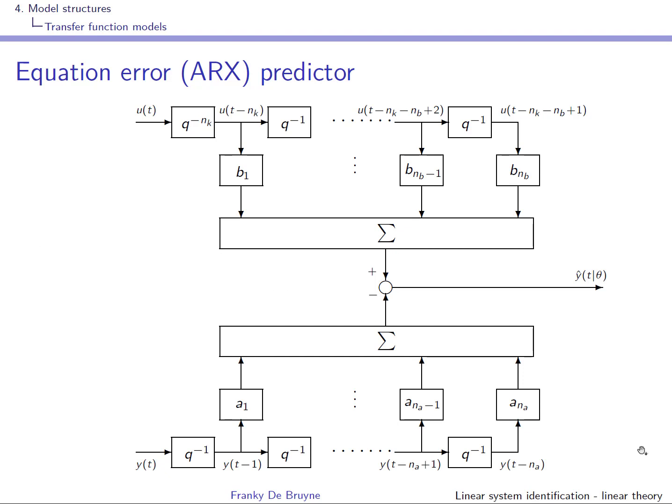So in this linear system identification course, the one step ahead prediction is obtained from linear combinations of delayed versions of the inputs and delayed versions of the output.